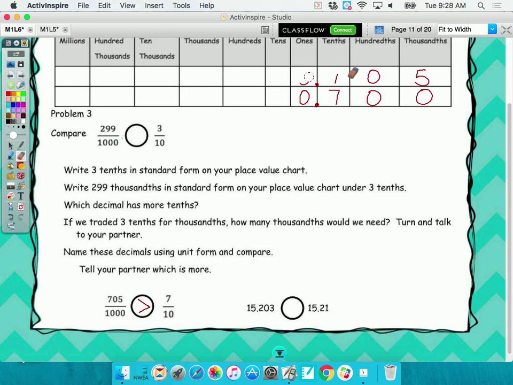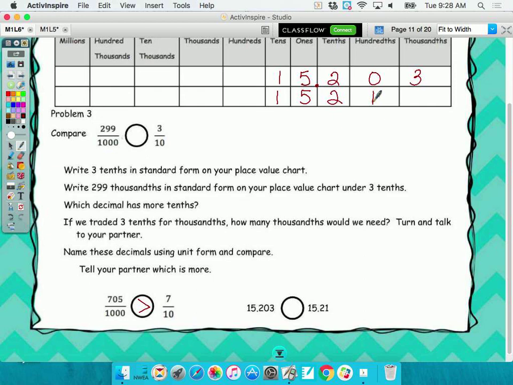Let's write 15 and 203 thousandths on the place value chart. Make sure you've got your 1 in the tens place. And 15 and 21 thousandths on the place value chart.